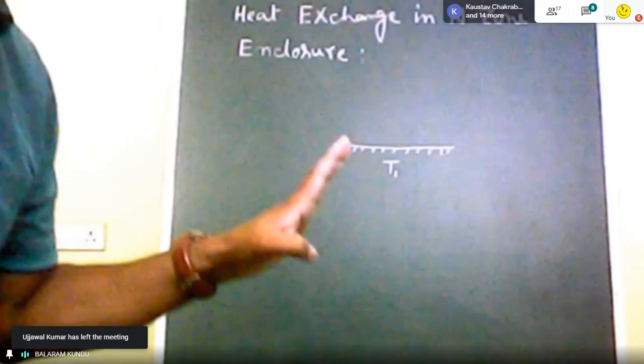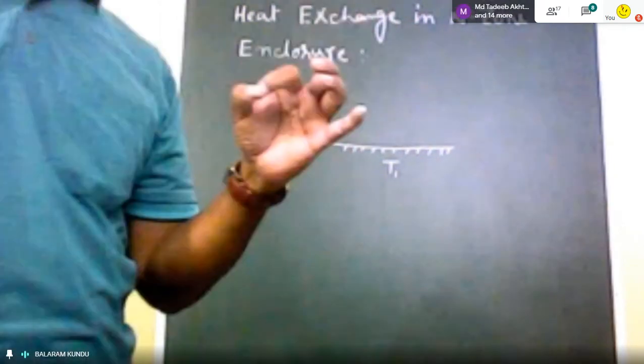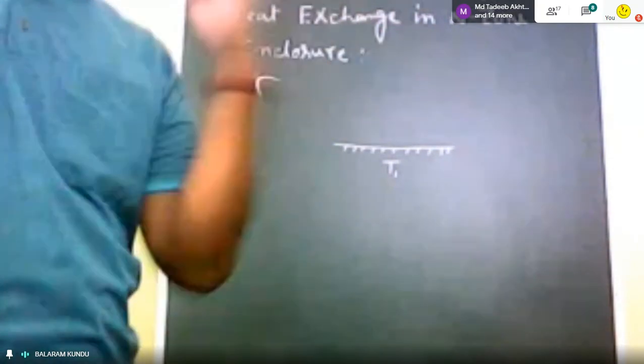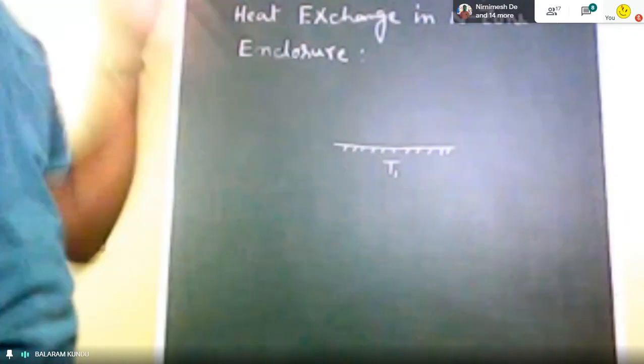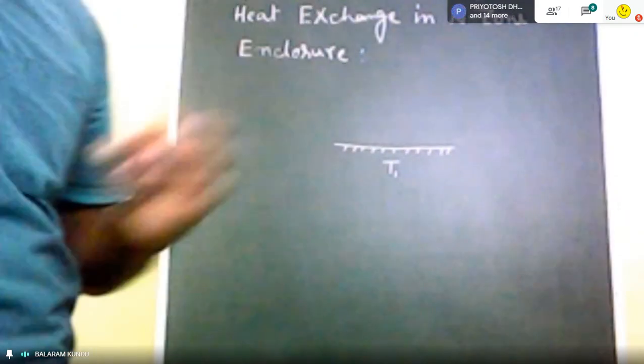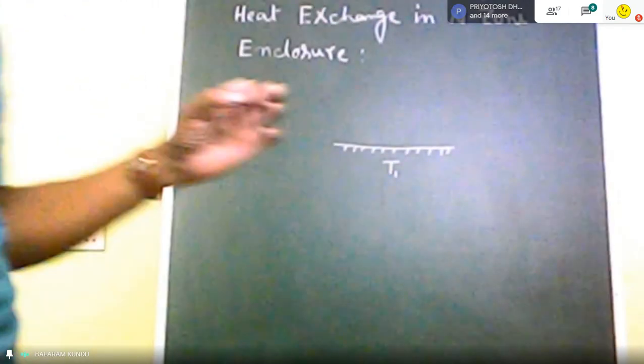In order to determine radiation heat transfer, generally we assume the surface is maintained at a constant temperature, or uniform heat flux.